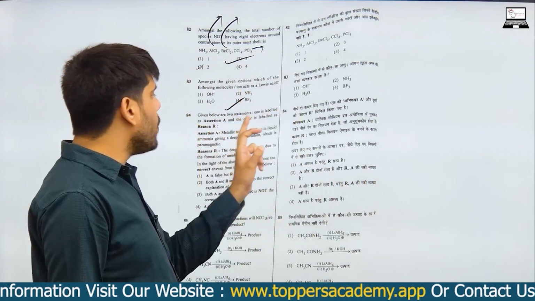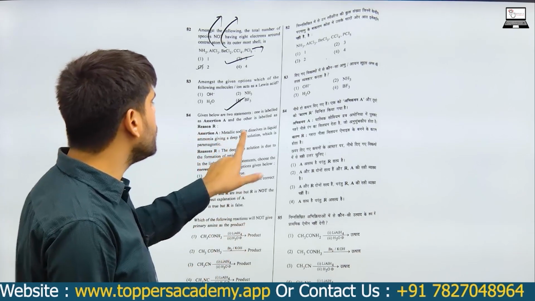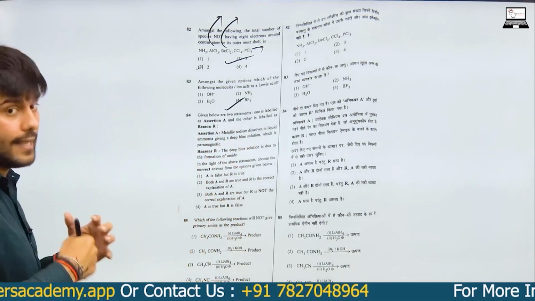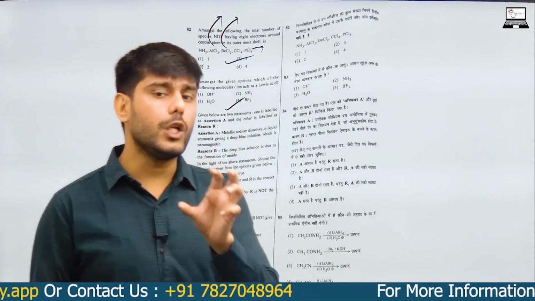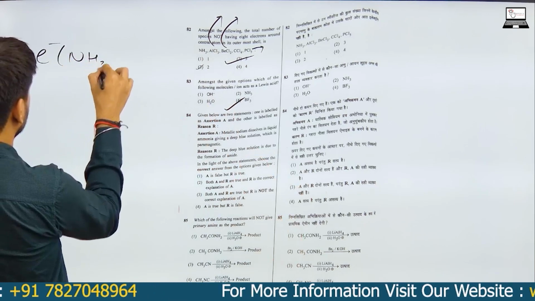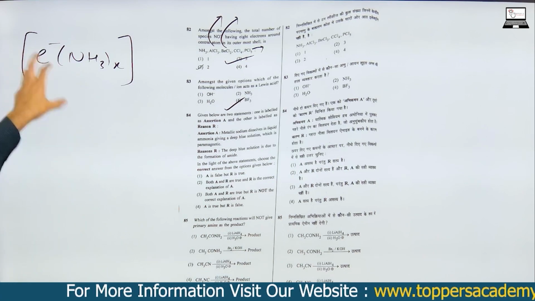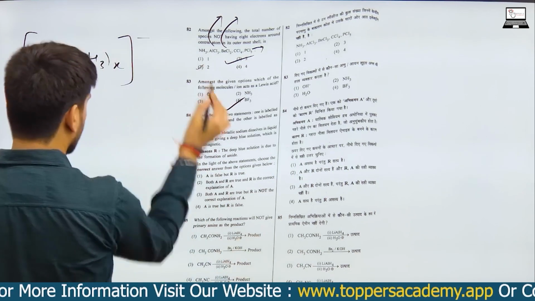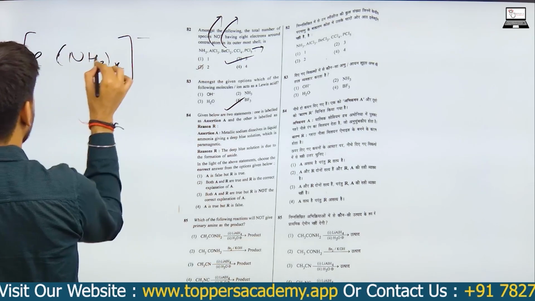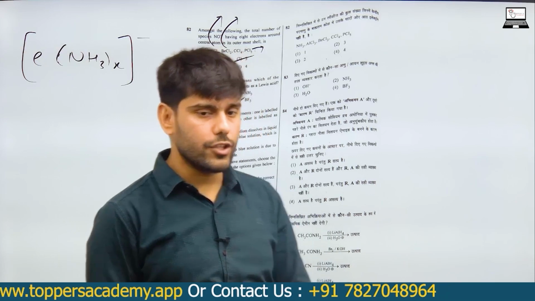Now, given below are two statements, labeled again as assertion and reason. Metallic sodium dissolves in liquid ammonia, giving a deep blue solution which is paramagnetic. Yes, the deep blue color is because of ammoniated electrons like this, and yes, these solutions are paramagnetic in nature.